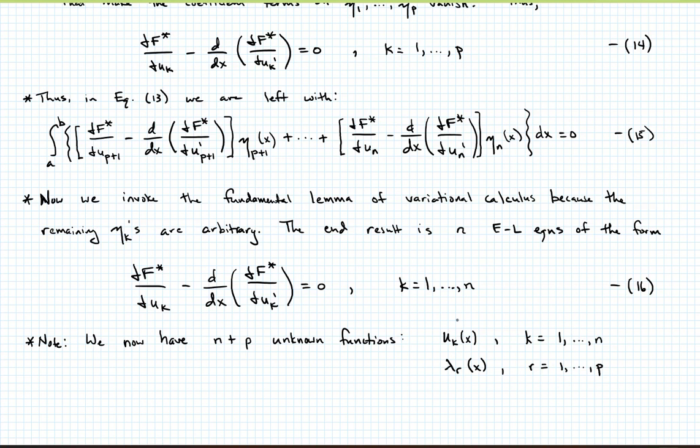Equation 16 only gives me n equations to solve for n plus p functions. But we actually do have n plus p equations, so let me show you.